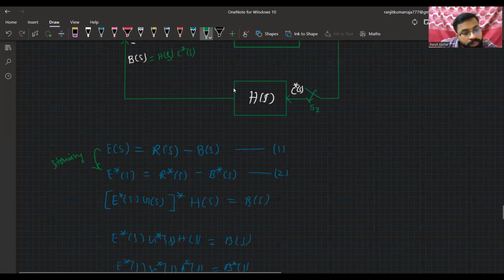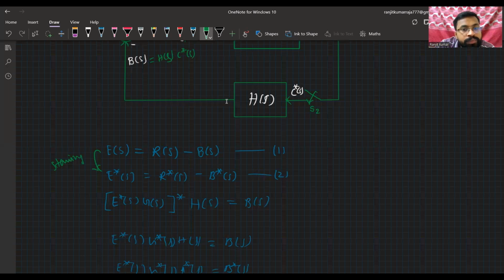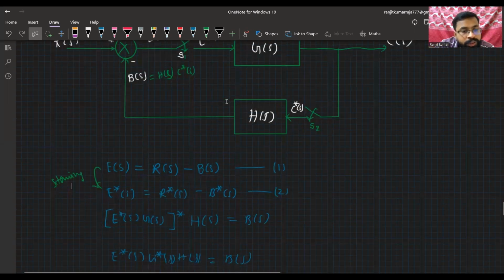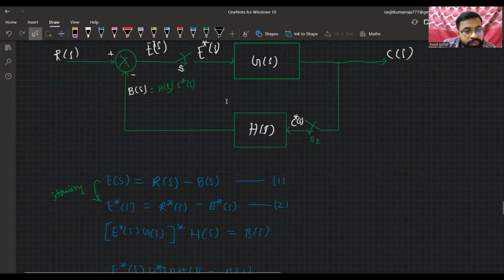Okay, so E star of S G of S whole star H of S equals B of S. I have just substituted the value of B star of S and kept this B star of S on this side, and taking H star of S. E star of S, G of S, H of S equals, now here I am writing B of S. How can we write B of S?